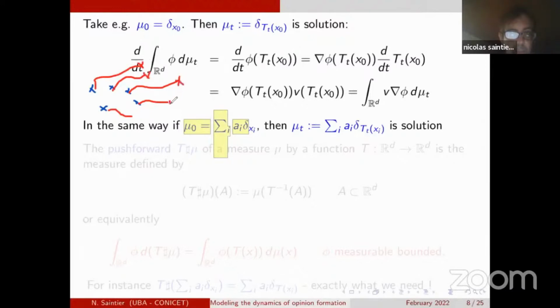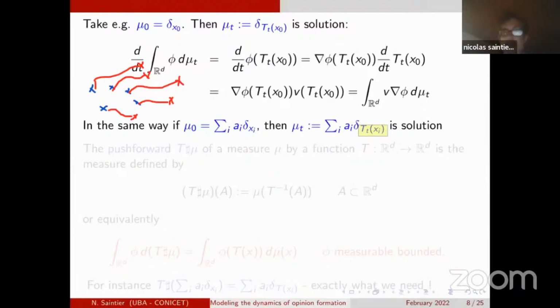And we are just saying that, with exactly the same two lines of computation we just did, we can show that this expression here is a solution. And you see, this is exactly the same logic as before. Each point x_i, I'm following it, I'm looking at its trajectory, T_t of x_i. Right? The same logic.